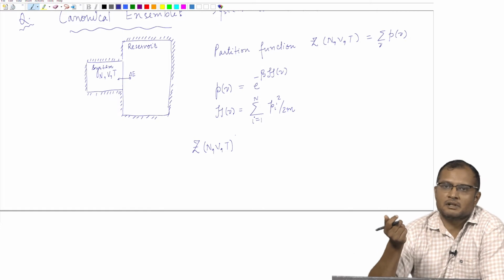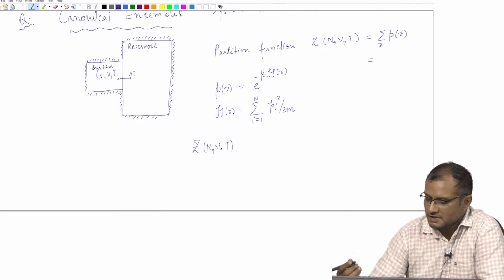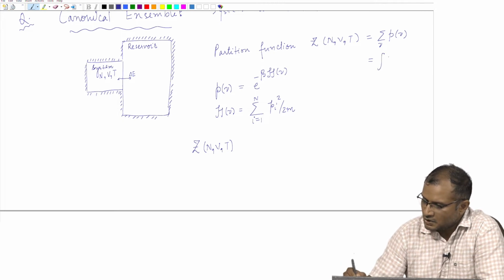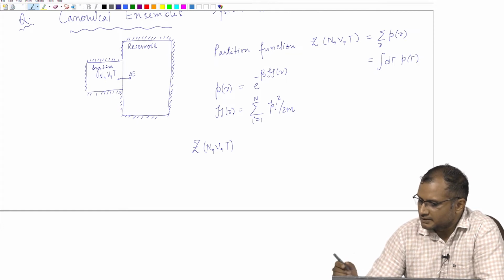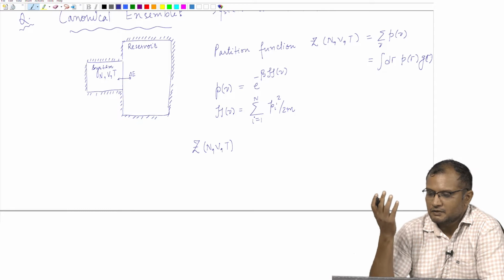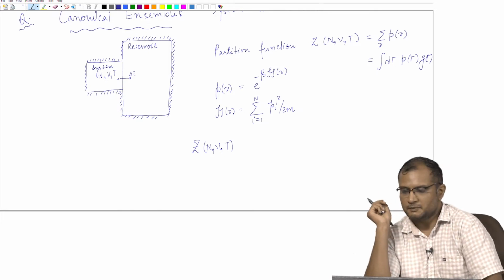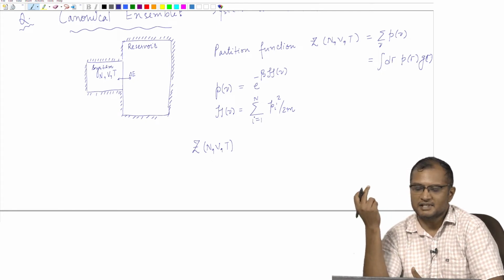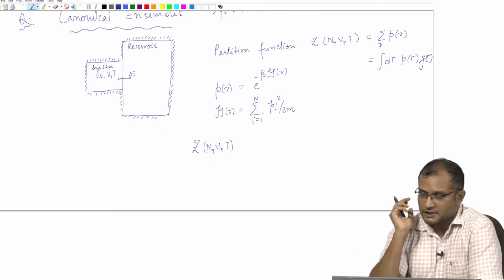So, when you are dealing with continuous random variables, you have to exchange the summation with an integral over the entire phase space. So, if I refer to the phase space as gamma, P of gamma is now the probability density at the phase space point gamma, and G of gamma is nothing but the phase space density.